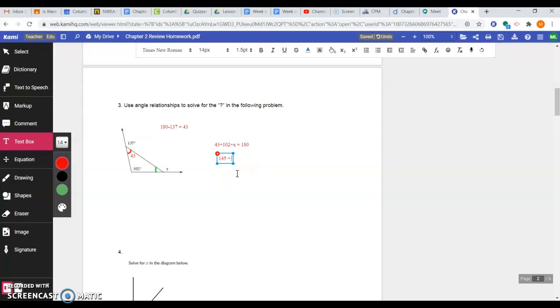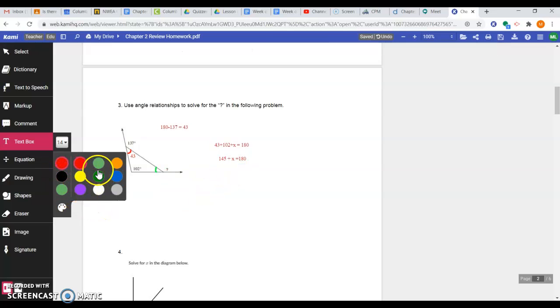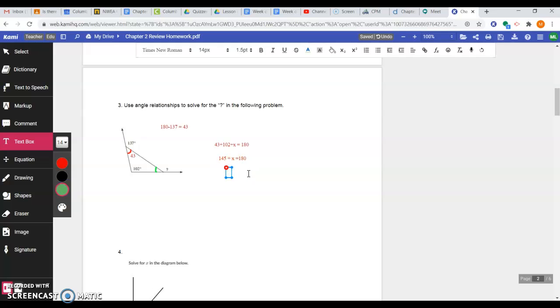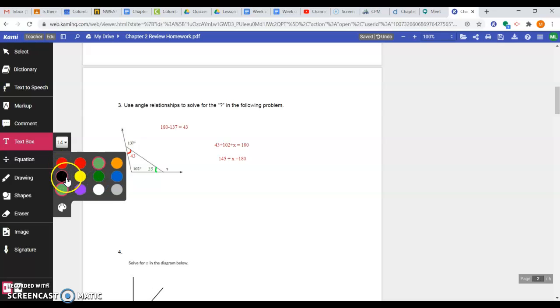So 145 plus x equals 180. Subtracting over the 145, I should get that green angle there, I'll write it in green so it's there, should equal 35 degrees. And so 35 would be my answer for the green angle. And that's using, again, the triangle sum theorem.